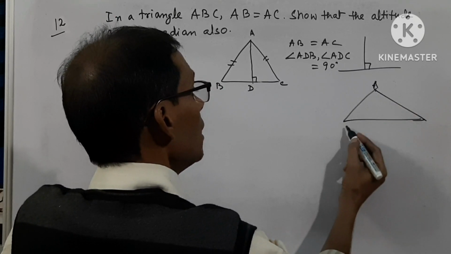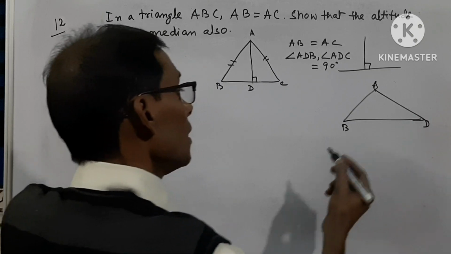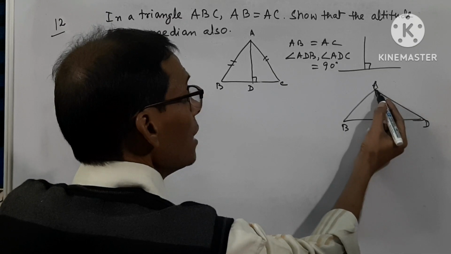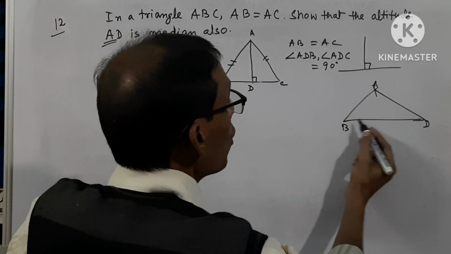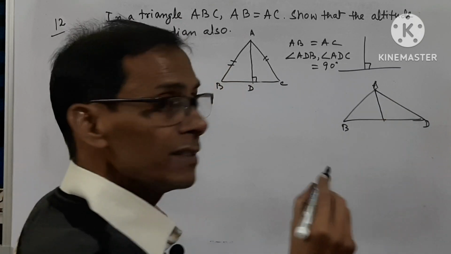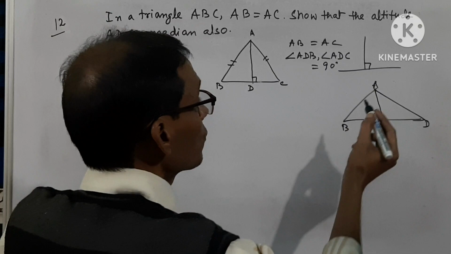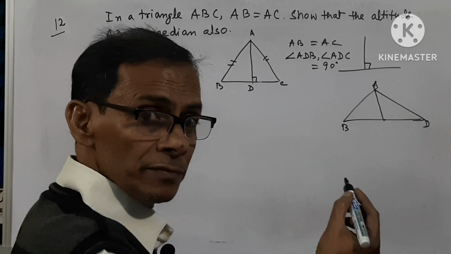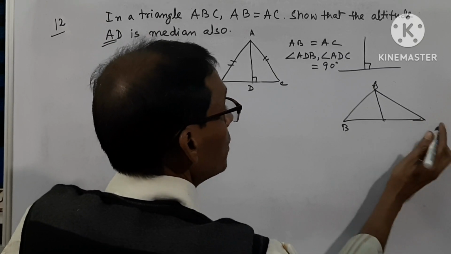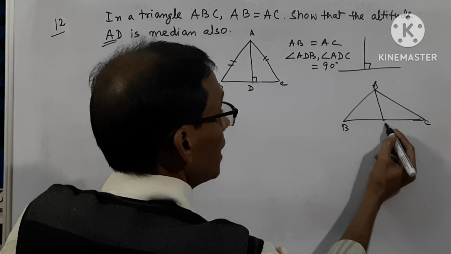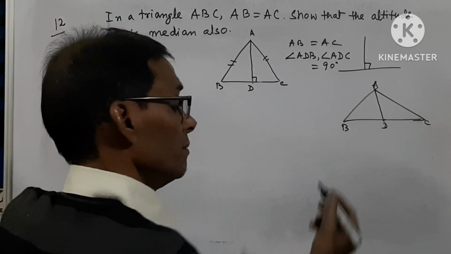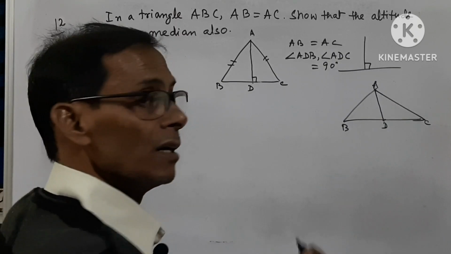A median is the line segment which joins any one vertex to the midpoint of the opposite side. So if D is the midpoint of BC, then AD is called a median.